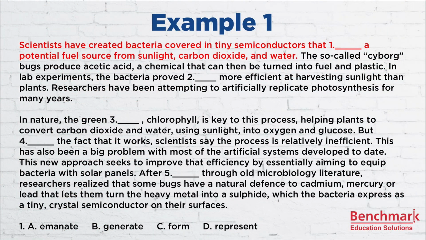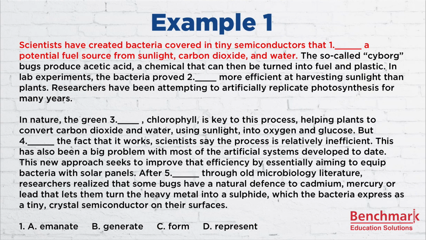If you'd like to try this for yourself, feel free to pause the video and then come back and see my answer. Now I'm going to read the sentence, paying very close attention to the words before and after the gap. Scientists have created bacteria covered in tiny semiconductors that blank a potential fuel source from sunlight, carbon dioxide, and water.